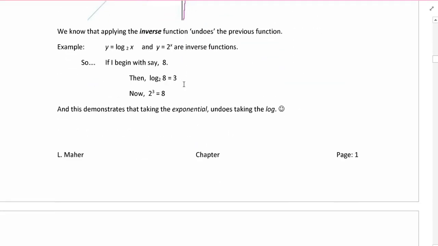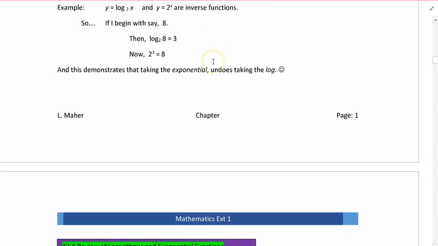A little example, we know that if we take the log of x to base 2, then we're talking about some number. X has y as its power, and its inverse. Remember, inverse is also demonstrated algebraically by swapping the positions of the x and the y.